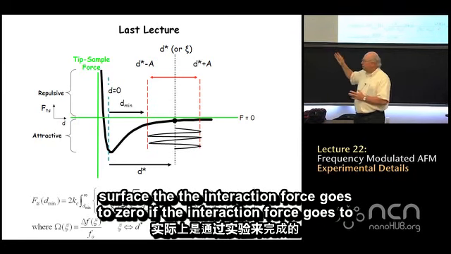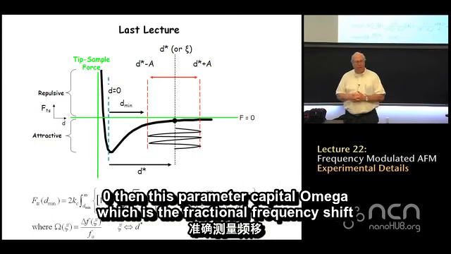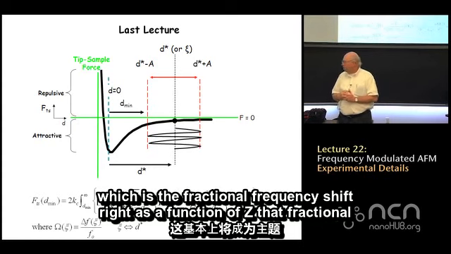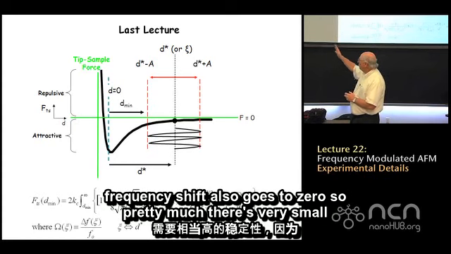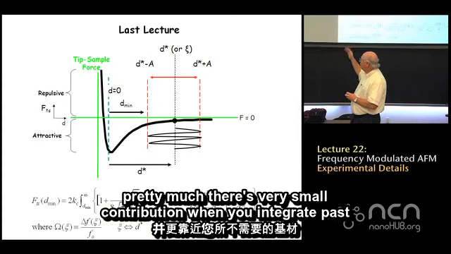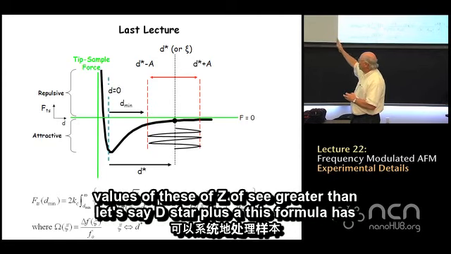If the interaction force goes to 0, then this parameter capital omega, which is the fractional frequency shift as a function of z, also goes to 0. So there's very small contribution when you integrate past values of C greater than, let's say, D star plus A.